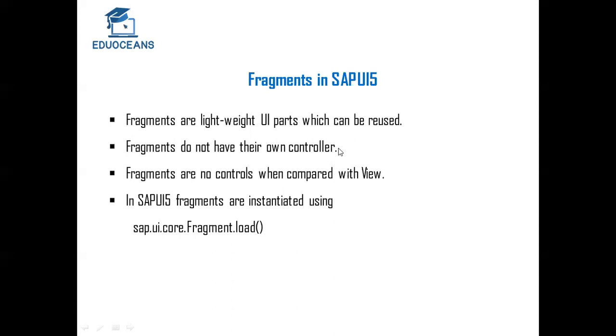When you click on the button, it will open the fragment, and inside that dialog box you will display all the details. When you click on the More button, automatically the details will be displayed, and again the user can close that fragment, that dialog box. So instead of giving extra space on the view to display the details, it's better to display the details inside the dialog box. That is one kind of thing.